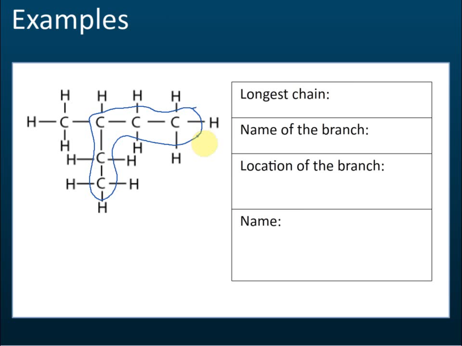So what's the name of the longest chain? Pentane, that's correct. And then we identify the branch. Usually the branch will be methyl. This is for SPM. SPM normally only gives you methyl.